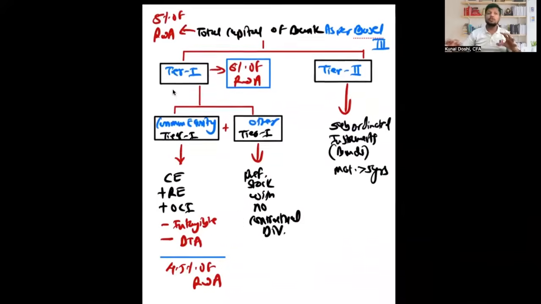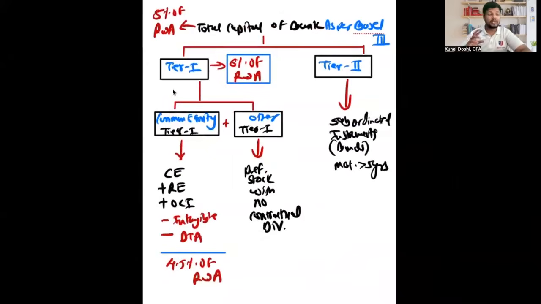So when it comes to minimum capital, remember this, there is tier 1 and tier 2 capital. Tier 1 capital has common equity tier 1 and other tier 1. Common equity tier 1 is basically how much should be the common stock or equity of the bank. Here, it excludes intangible assets or any deferred tax assets.